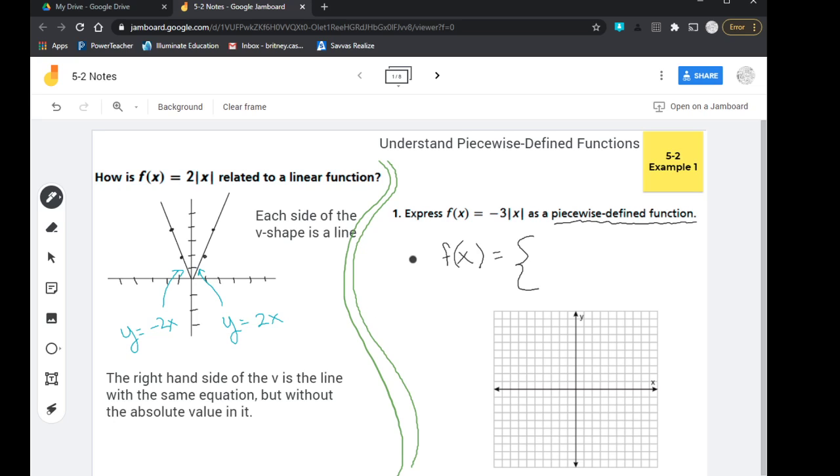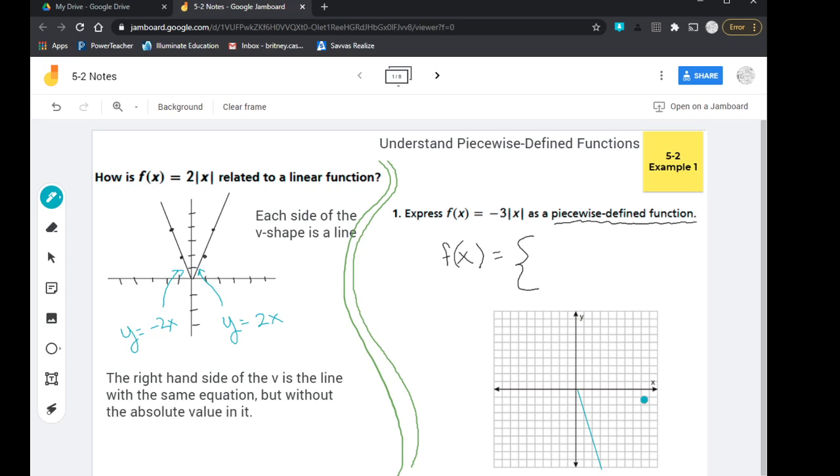So let's talk about the graph of negative 3x. Alright, so the negative causes the V shape to flip upside down, and the 3 causes a vertical stretch. So if I start at my vertex and I go down 3, I create this line.